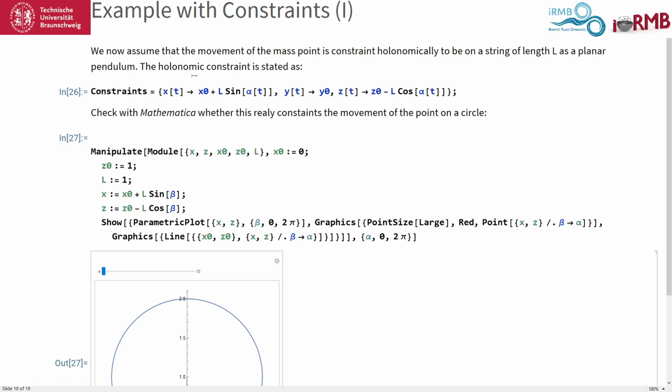So such a constraint now could be that x of t is a starting position x0 plus the length of the string times sine of alpha t, and z would be z0 minus L times the cosine of alpha t, right? And say y would simply be a constant. So it's constrained in this plane.